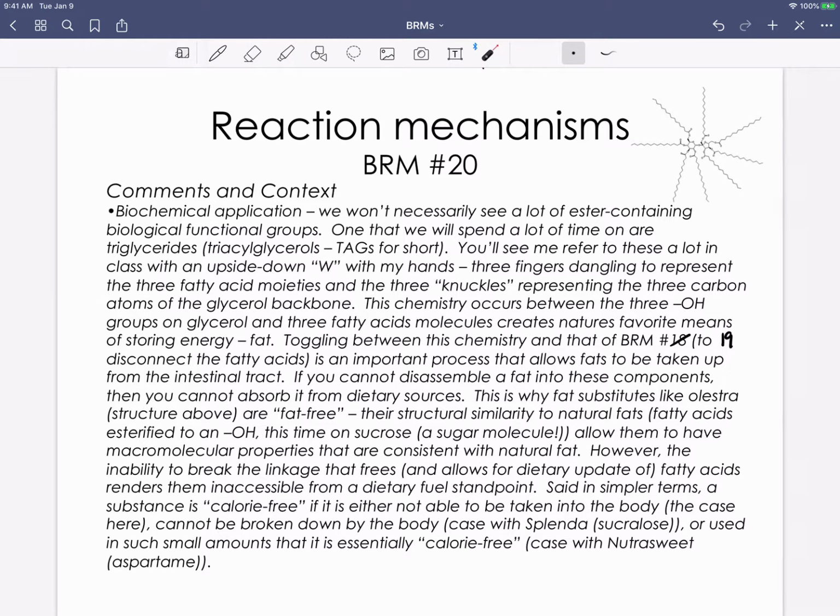They're either not able to be actually taken up into the body, not broken down by the body, or present in such small amounts that we can basically label them as calorie-free. So we're going to take a deeper dive into that in our learning unit on carbohydrates. But again, wrapping up here with thinking about the formation of ester linkages in lipids.